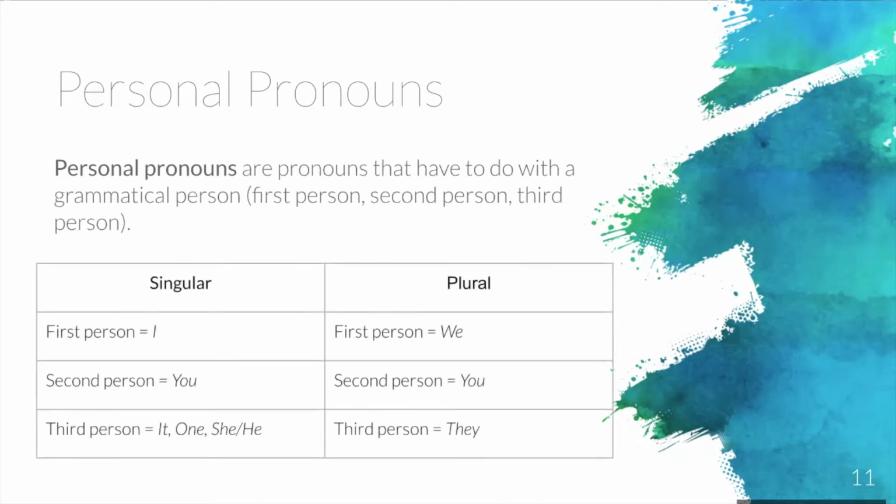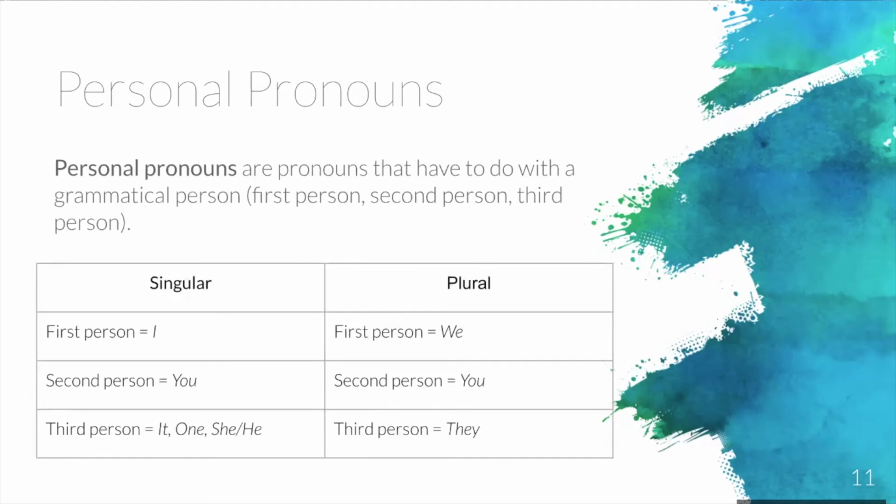Eileen? Okay, so here's a chart to go more into singular and plural for personal pronouns. I always indicates first person, and you always indicates second person. Those are all singular. For third person, you can say it, one, she, and he.